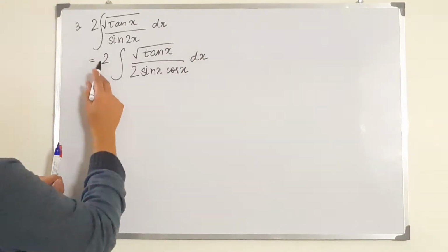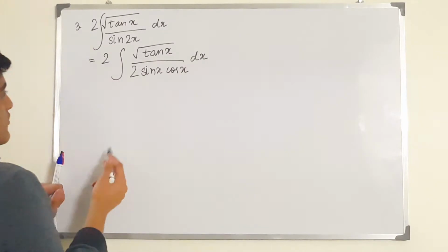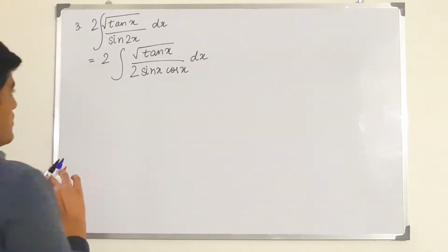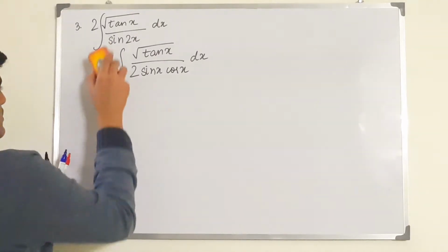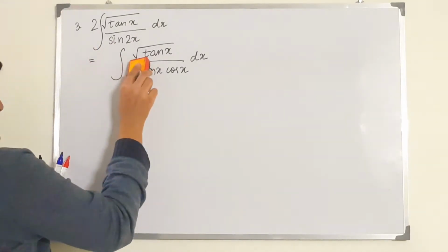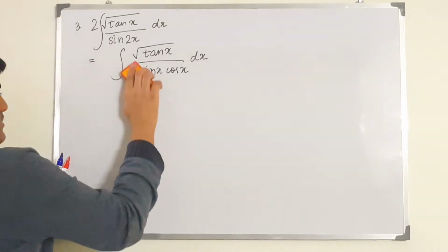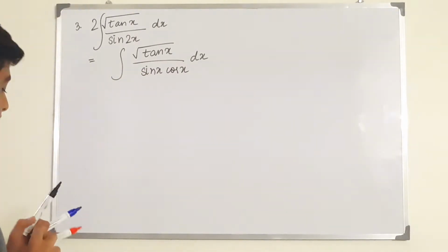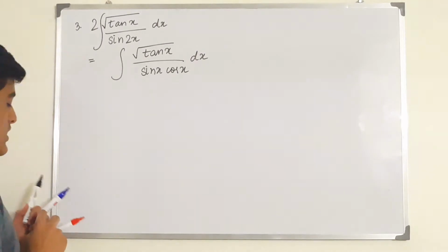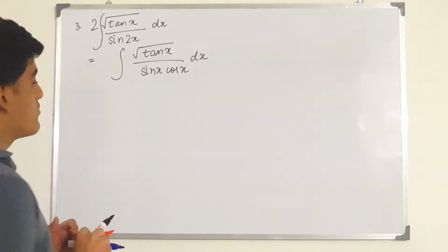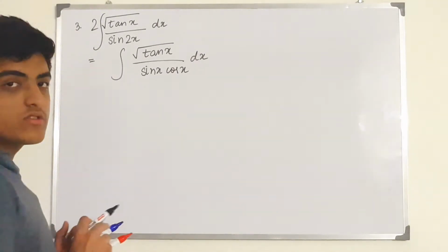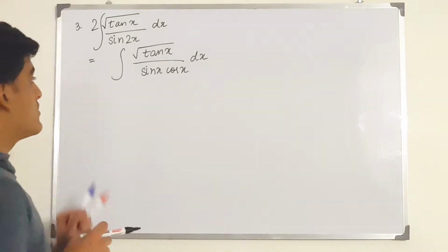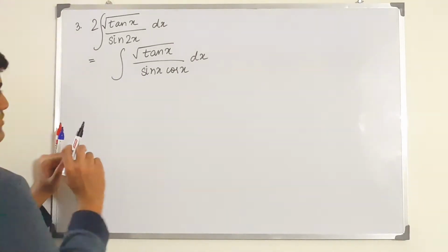Now since there's a 2 in the numerator and the denominator, they cancel out each other, and we are left with root tan x divided by sin x multiplied with cos x. This is what we're left with. What are we going to do now? How do we solve this sum?